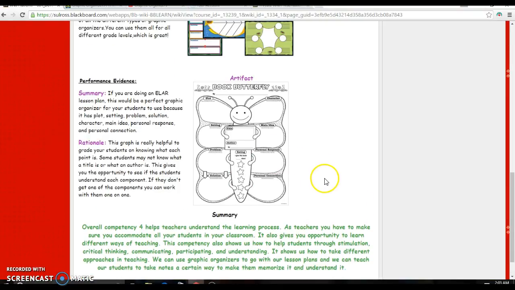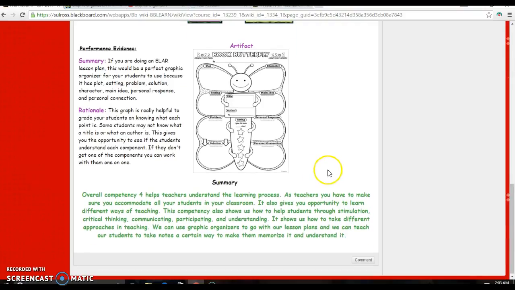For my summary, if you are doing an ELA lesson plan, this would be perfect for a graphic organizer for your students to use because it has plot, setting, problem, solution, character, main idea, personal response, and personal connection. For my rationale, this graph is really helpful to grade your students on knowing each point.